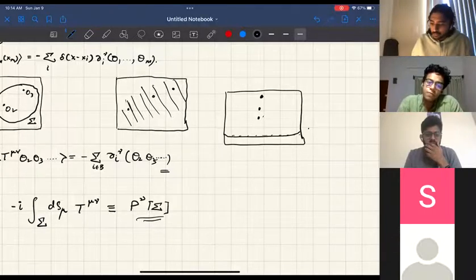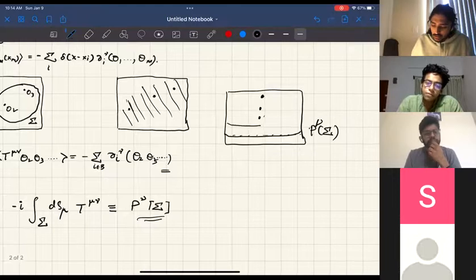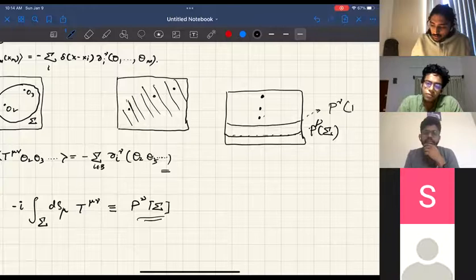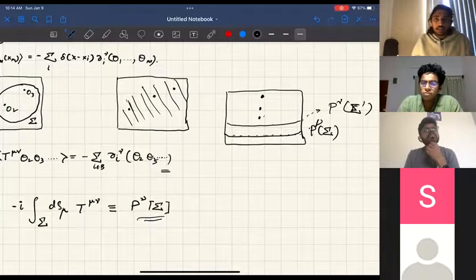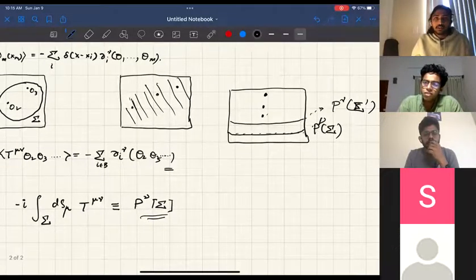So you have P sigma here, P mu sigma. Now, if I consider another surface, P sigma prime, they would all yield the same Ward identities or expectation values, because we have not interacted with the operator insertions yet.